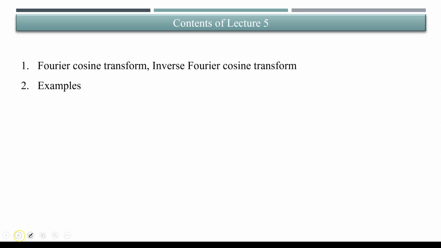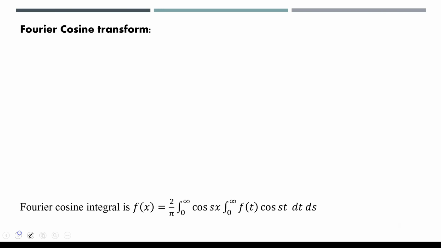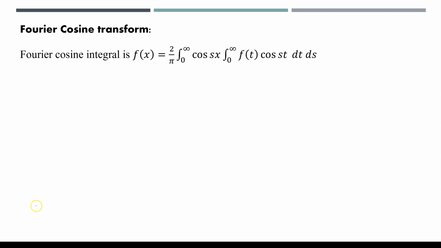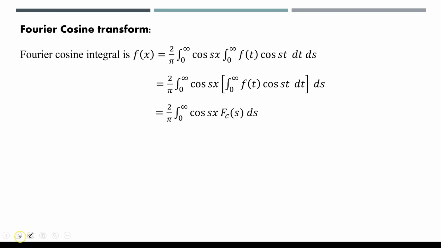So here, first let us see what is Fourier cosine transform. We have already discussed. Let us revise that. Here Fourier cosine integral is f(x) equal to 2 by pi integral 0 to infinity cos sx integral 0 to infinity f(t) cos st dt ds. Using this cosine integral, we have derived Fourier cosine transform.